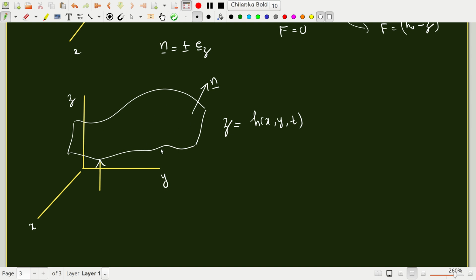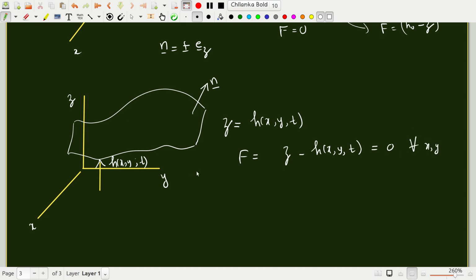This is a function of x and y and time as well, because at different times this function may change; the interface may deform. So the equation of the interface becomes z is equal to h of x, y, t, or the function that represents the interface can be written as z minus h of x, y, t equal to 0, okay, for all x, y.